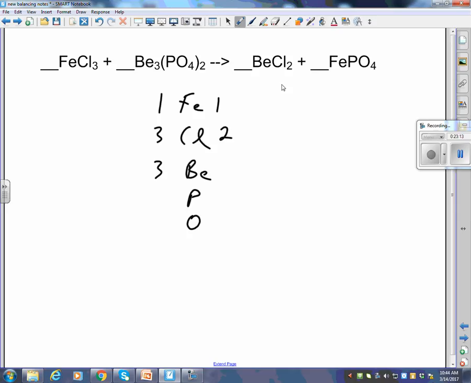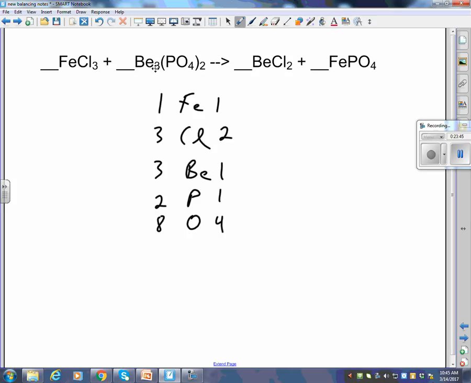How many P's here? Right, PO4, 2. So you got 2 P's. Here we only got 1. How many O's? PO4, 2 is going to be 8. And how many O's here? 4. Okay. So again, making things even helps.